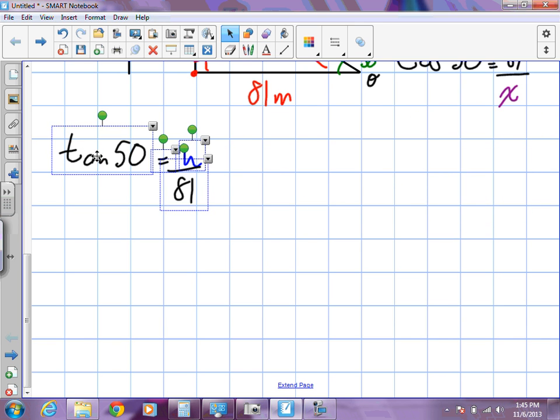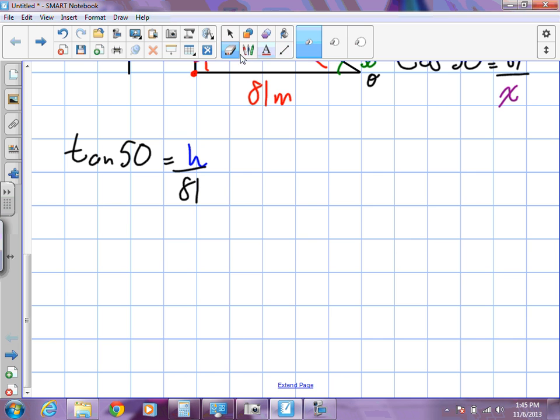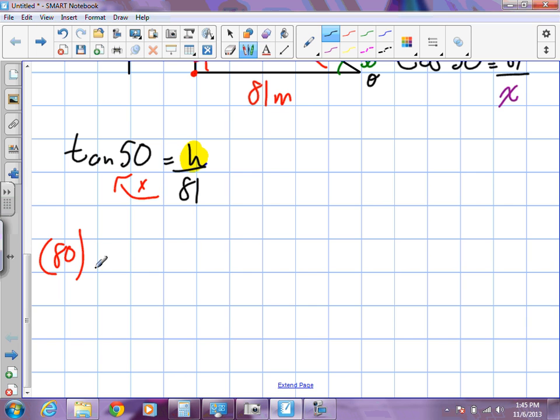The goal is to isolate for h. So to isolate for h, what do I need to move to the other side? And what operation on the other side? Great. So we have 81, sorry, it is 81, times tan 50 is equal to h.